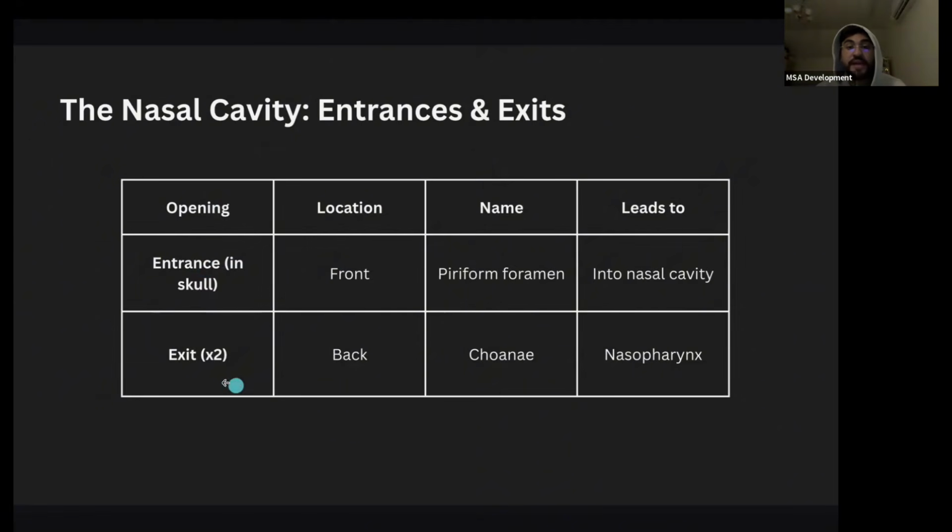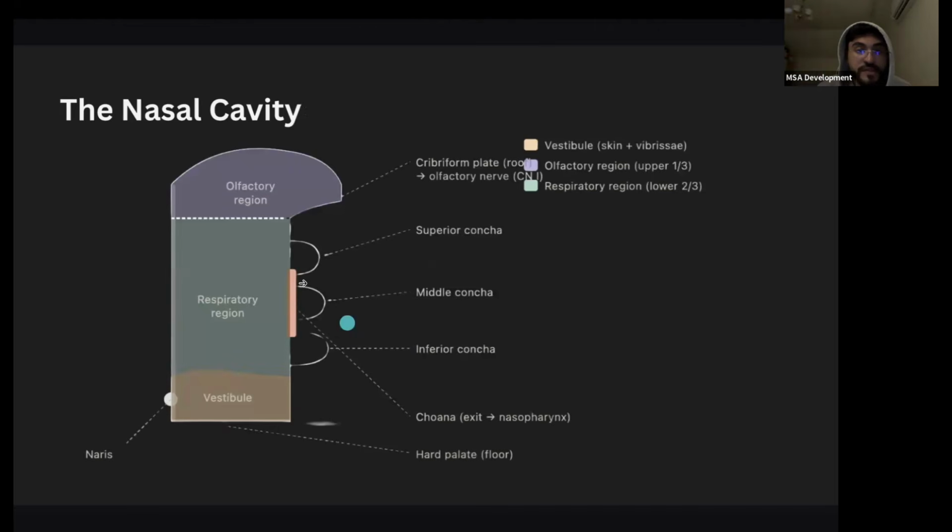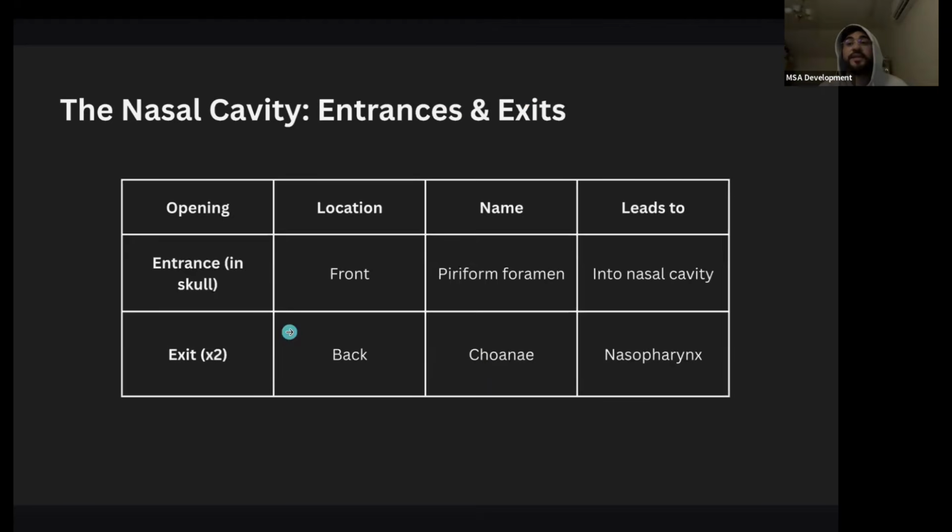And then you will have the choanae that I just mentioned earlier, and it's going to lead to the nasopharynx from the nasal cavity. So you have the piriform foramen, which is just one foramen, all right, that's going to lead basically from the skull into the nasal cavity, all right? And then you have two openings, all right, right here. So this is going to be your choanae, all right, which will lead into the nasopharynx.